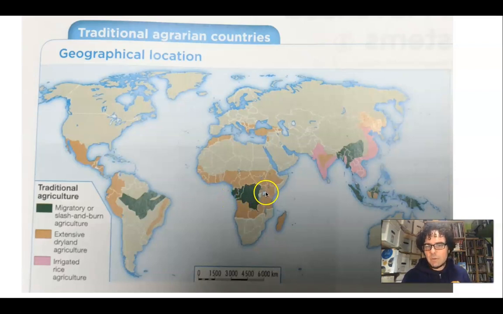In equatorial Africa and this part of Asia, also parts of Indonesia and Oceania. And the extensive dryland agriculture is practiced in Mexico, in the African savanna, in the north of Africa, and some parts of Asia. And the irrigated rice agriculture in the monsoon areas in India, Southeast Asia, and this part of Asia. Okay.